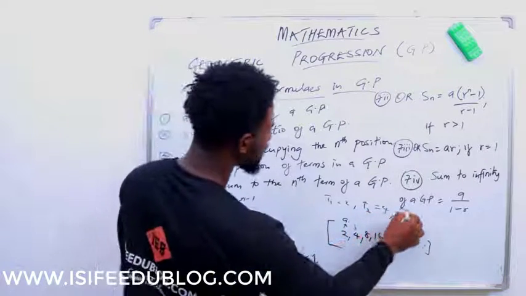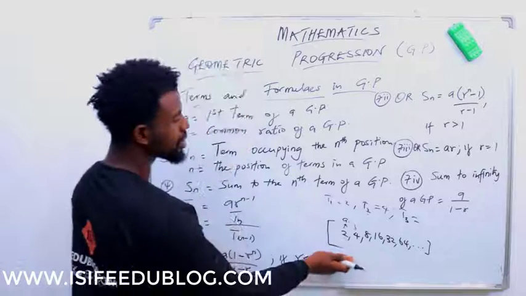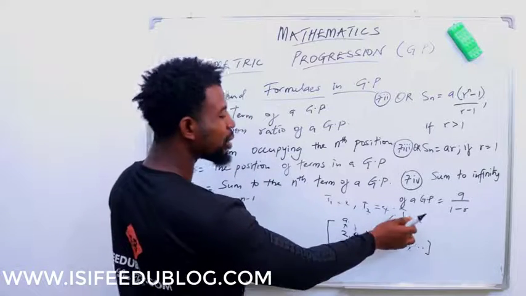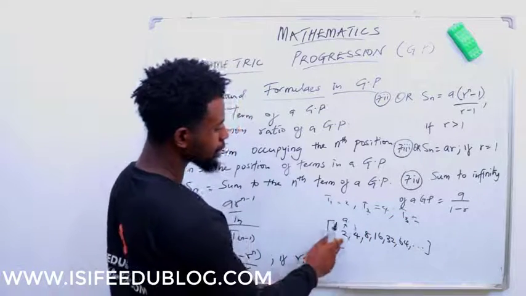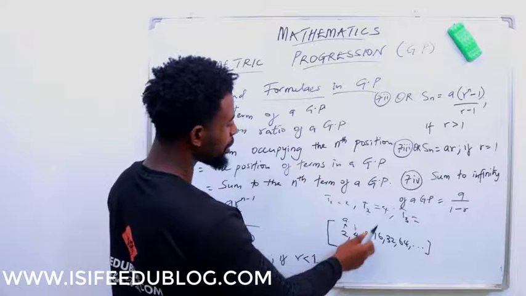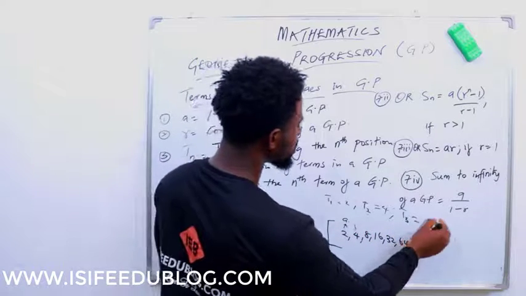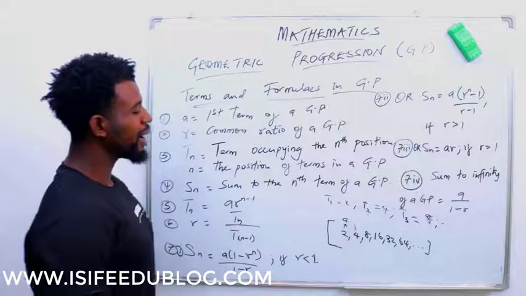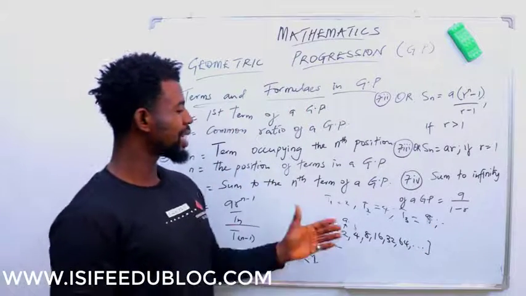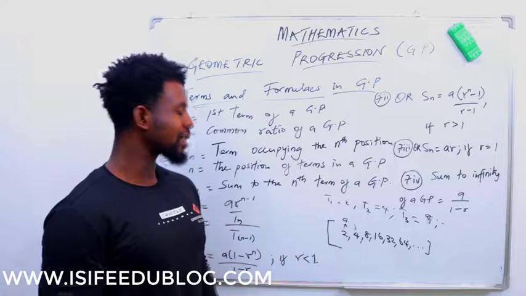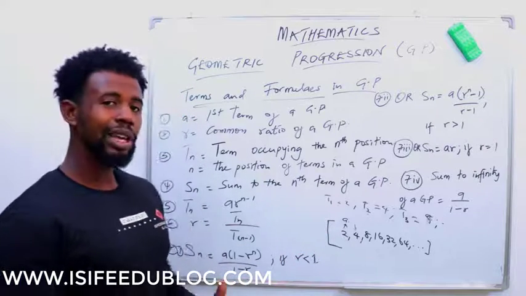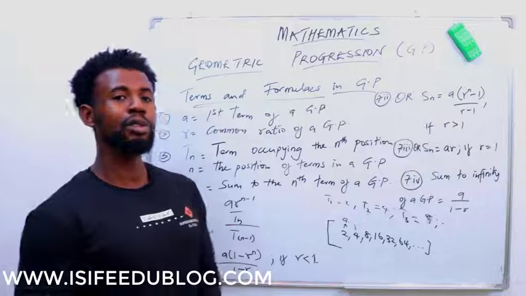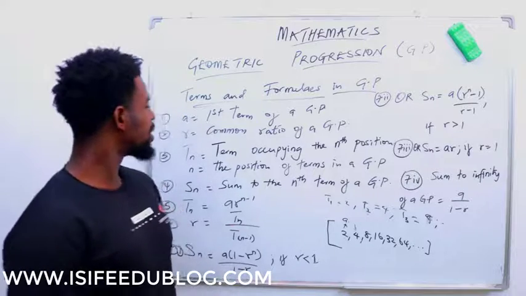If I have T3, it means the term occupying our third position. These are first, these are second, these are third. So the term occupying our third position is 8. And so on and so forth. If I have T4, it means the term occupying the fourth position of that sequence. If I have T5, it means the term occupying the fifth position of that sequence.